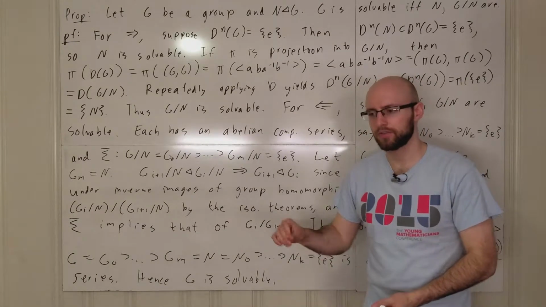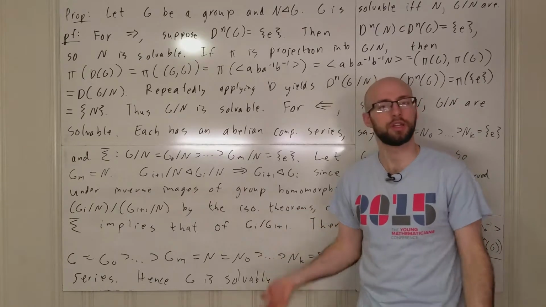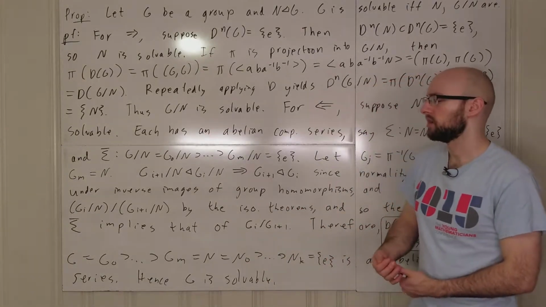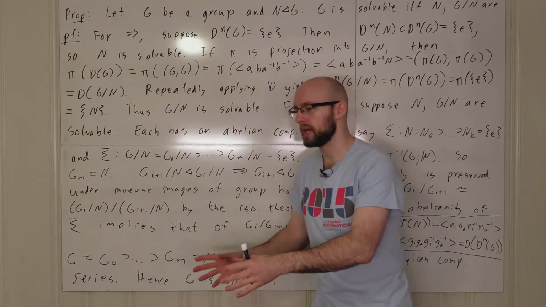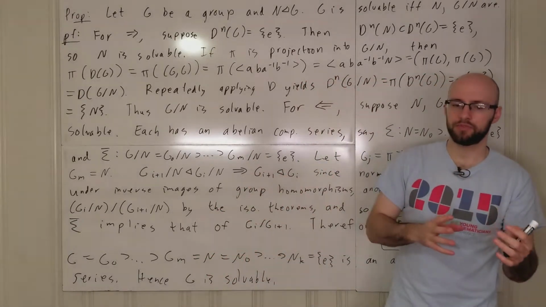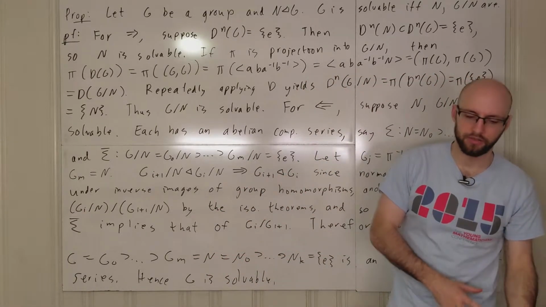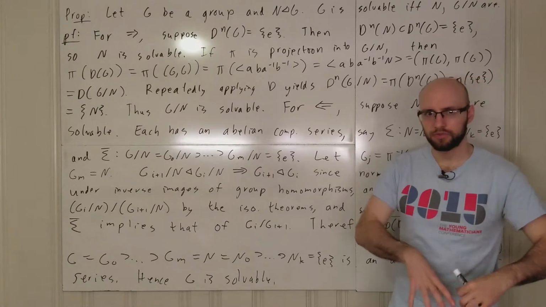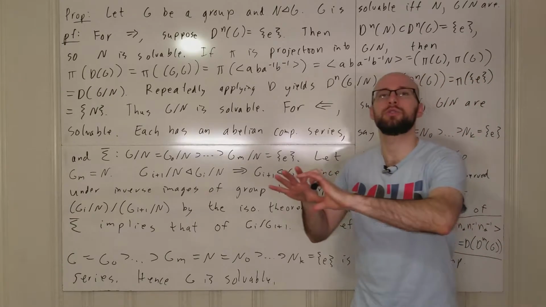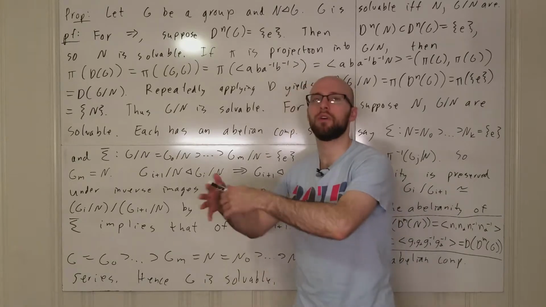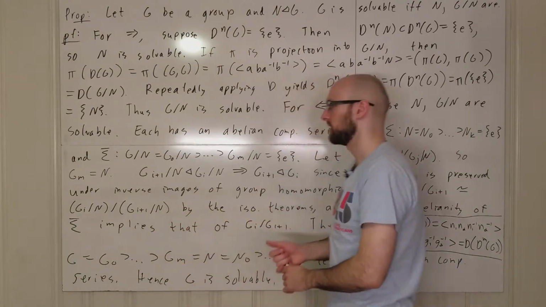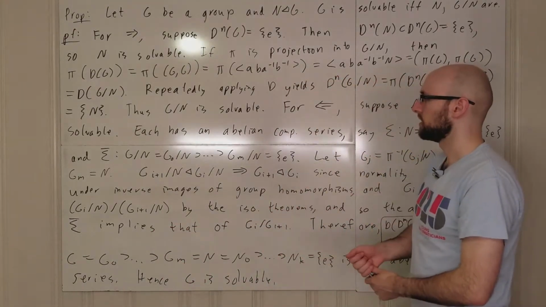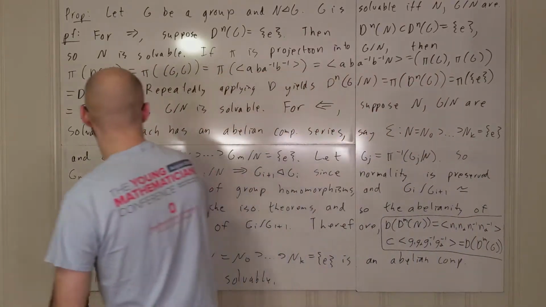You basically do everything the way you'd hope it would work, and it works. So remember that if you pull back normal subgroups under a group homomorphism, you get normal subgroups. If you start with normal subgroups and push them through a surjective group homomorphism, then you also get normal subgroups.